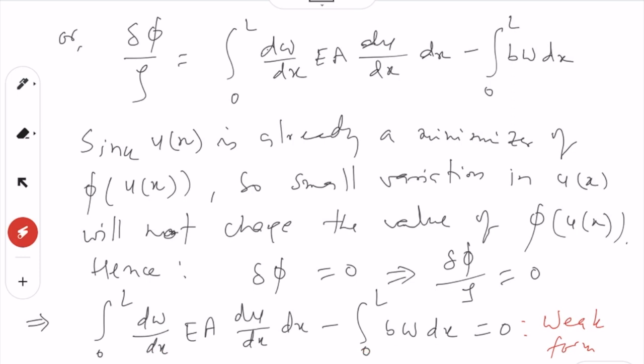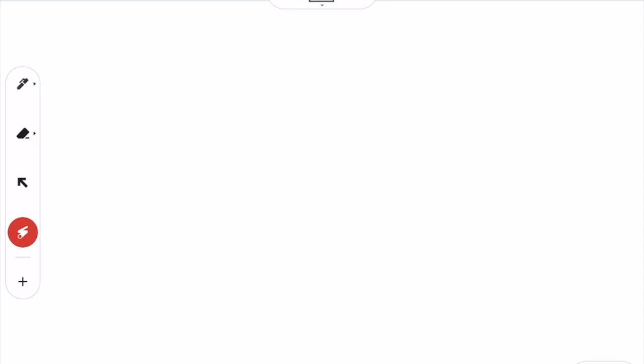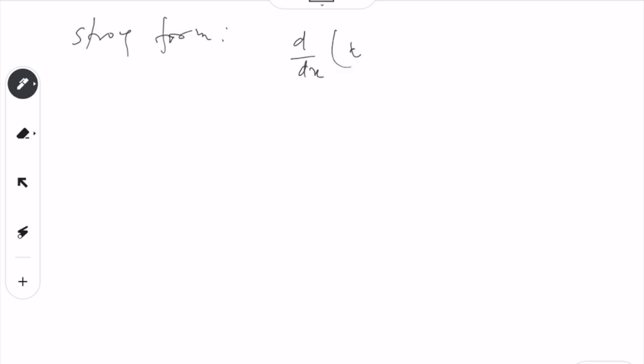Okay. Now, earlier when we started from the strong form, so we had the strong form, right, and this is for the same equation, and we got this strong form as d over dx Ea du over dx plus b equal to 0, plus the boundary condition.